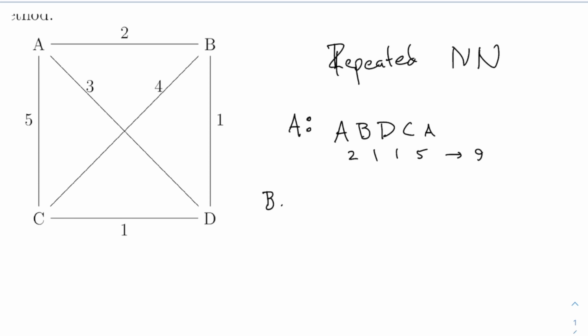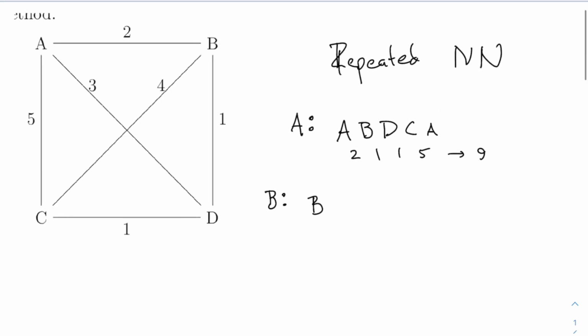Starting at B, what do we get? So this time I start with B, and I do the same thing. The nearest neighbor means I'm starting here, and then I take the cheapest option, which will be down to D. So this will go B to D for 1. And now when I'm at D here, I have 2 choices, the 1 or the 3. I take the 1 because it's the cheapest.